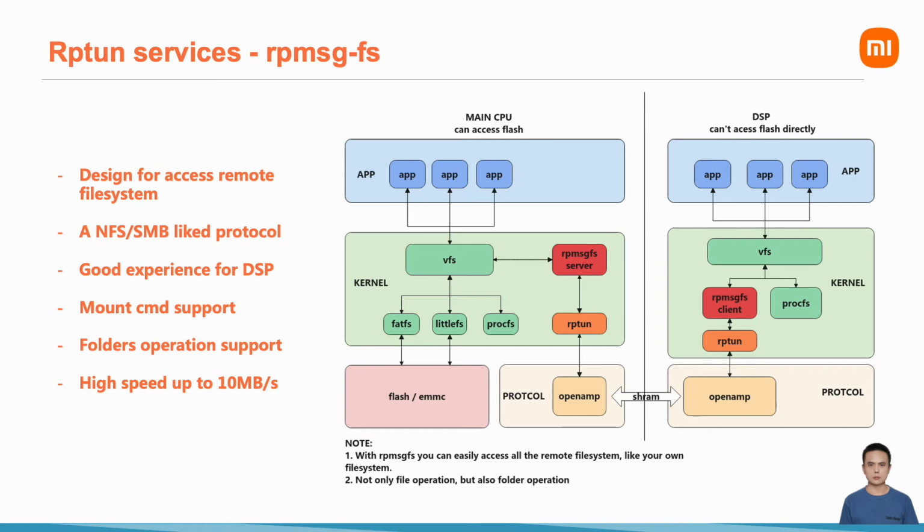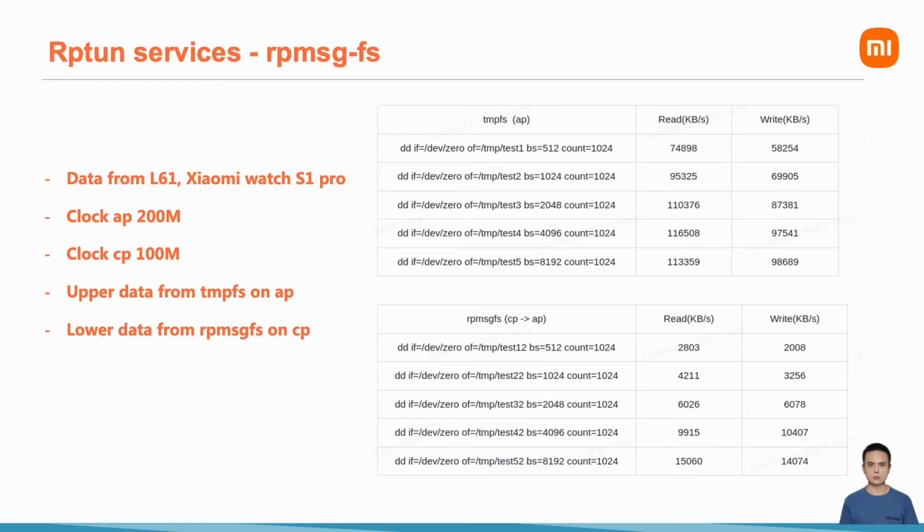Okay, let's see the detailed data. Here's the comparison data between tmpfs and rpmsg-fs. This is data from Xiaomi Watch S1 Pro. Clock AP 200 MHz, clock CP 100 MHz.